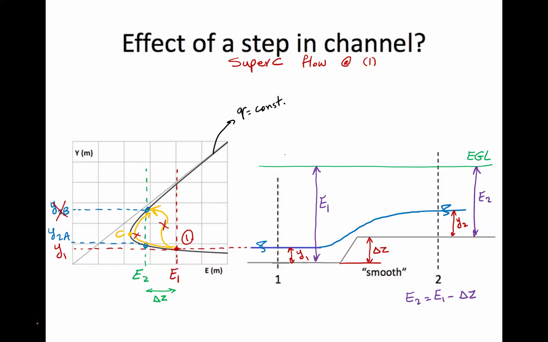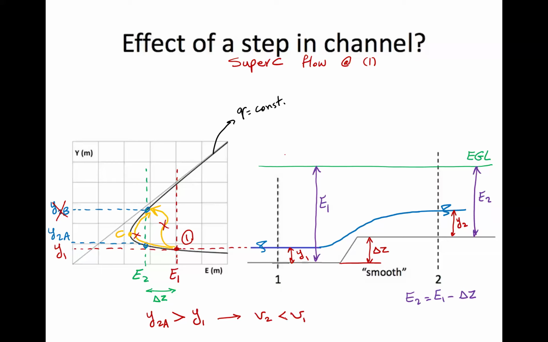At section 2, now a couple of things happen there. Section 2, we see that on the EY graph, Y2 is greater than Y1. So actually, I should say Y2A. So depth is greater. And for a given fixed energy, it is, again, reasonable to assume that this will correlate to a smaller velocity.